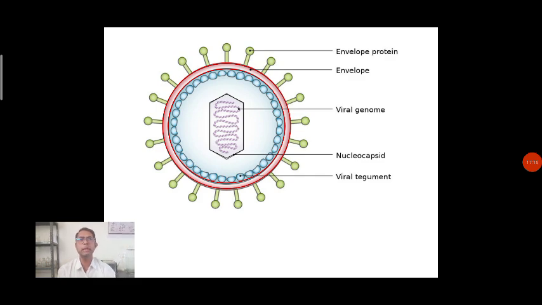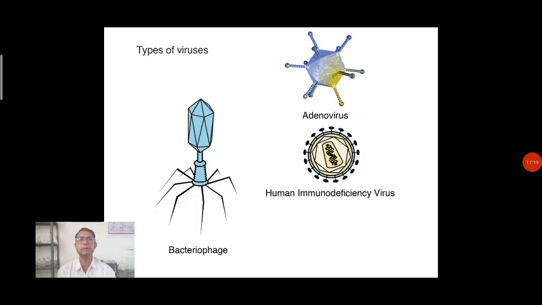Now moving to the next, that is the part which here you can see. These are nothing but the different types of viruses. तुम्ही बघाल तर ह्युमन इम्युनोडिफिशियन्सी व्हायरस इज देअर. तर त्याच्यानंतर ॲडेनो व्हायरस इज देअर, बॅक्टेरियोफॅजेस इज देअर. तर प्रत्येकाचं स्ट्रक्चर जरी वेगळं असेल तरी तुम्हाला असं लक्षात येईल की बाहेरच्या साईडला प्रत्येकाच्या कव्हरिंग आहे.